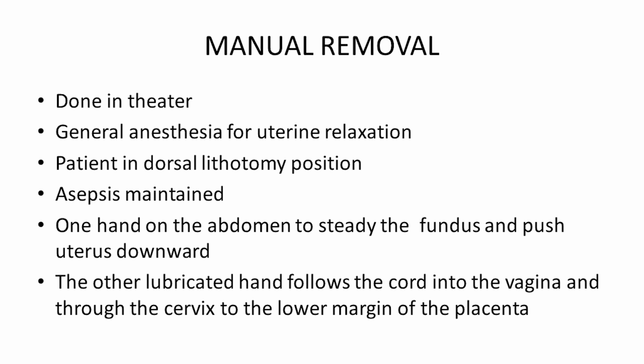Asepsis is maintained. Whoever is performing the manual removal should place one hand on the abdomen to steady the fundus and push the uterus downward. The other hand, which should be lubricated, should follow the cord into the vagina and through the cervix to the lower margin of the placenta.